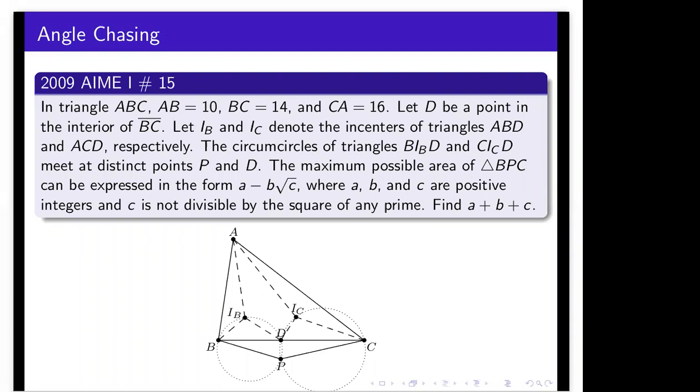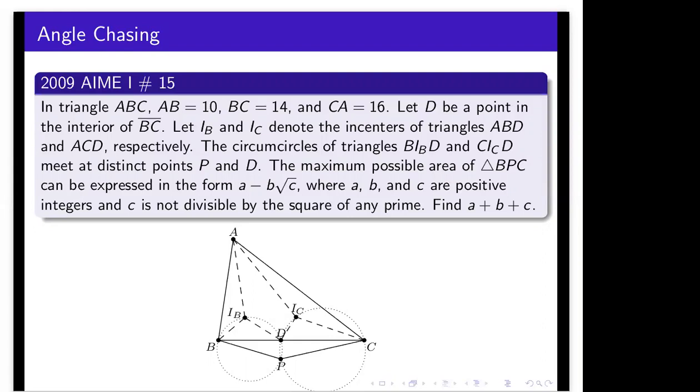I've drawn two of the cyclic quadrilaterals that we know here: B I sub B D P and C I sub C D P. We really don't know much about triangle BPC, but because of these cyclic quadrilaterals, we can try to determine some of the angles.